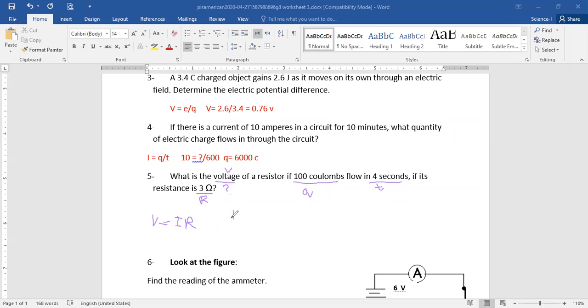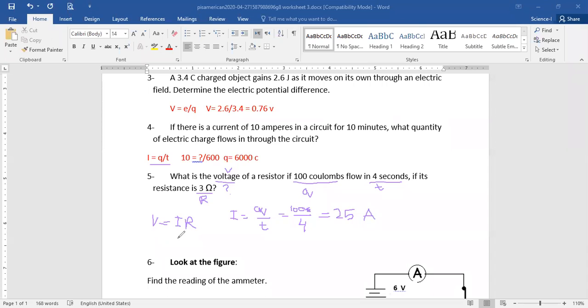We just said that the current I equals Q over T. I have the Q and I have the T. So I equals Q, which is 100, divided by the time, 4 seconds, already in seconds, so that will equal 25 ampere. So we get the current, which is 25 ampere.